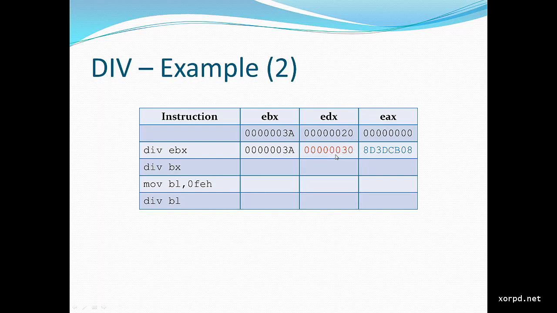It begins with those 16 bits, 0, 0, 3, 0, and it continues here, CB08. This is going to be divided by 3a, by this part, the lower part of EBX. And we get this result. We get the quotient inside AX, and we get the remainder inside BX.